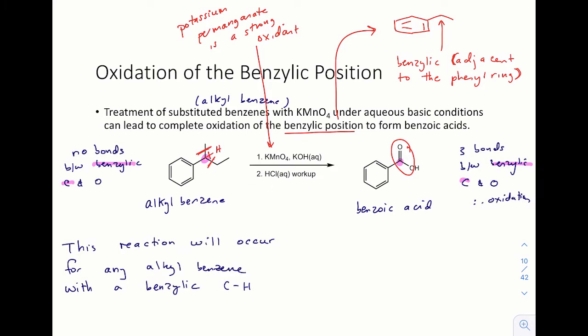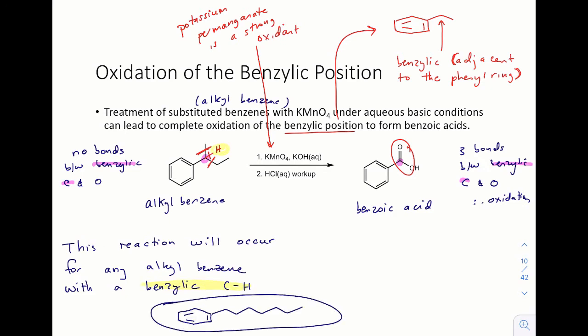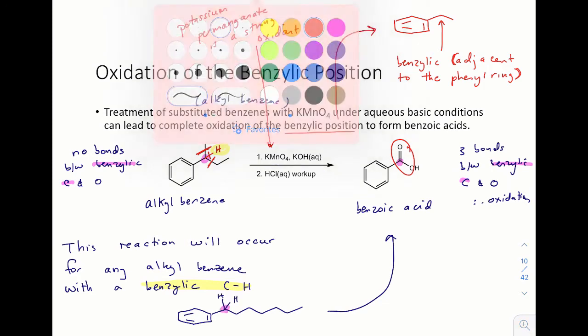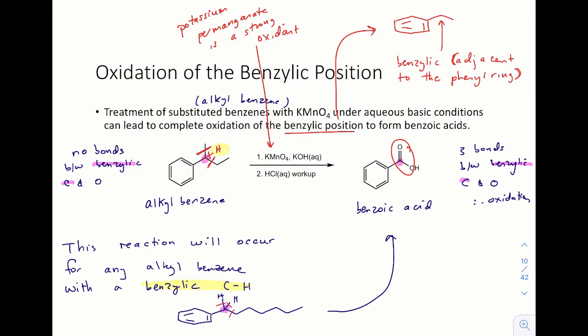This very interesting reaction will occur for any alkyl benzene with at least one benzylic CH. In fact, if this alkyl benzene with this nice long alkyl chain was treated with potassium permanganate followed by an acidic workup, benzoic acid would result, following cleavage of all of these bonds and complete oxidation of the benzylic carbon.